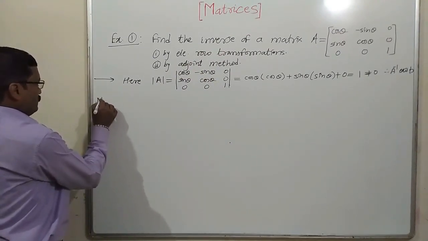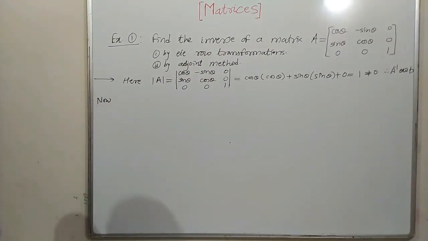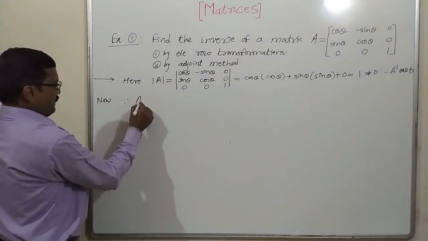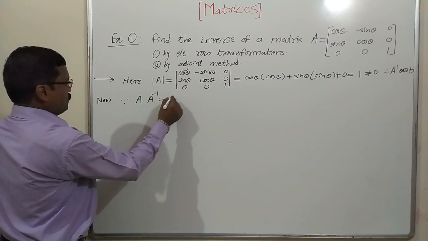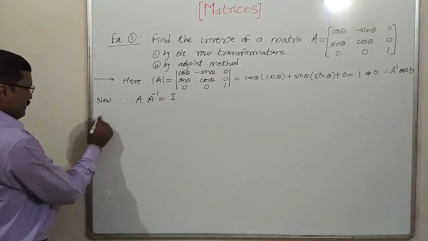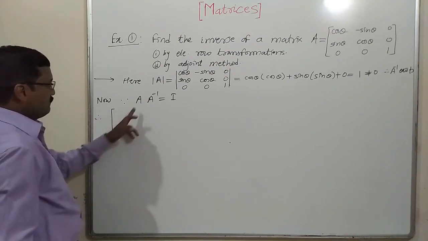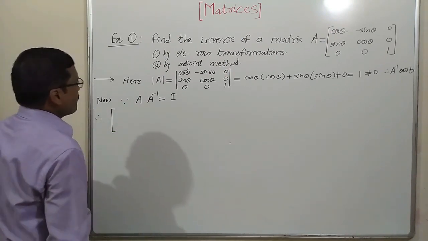Now, for elementary row transformations, we will start with the equation. Since A into A inverse equal to I, and we are using row transformations, that way we have taken this equation.